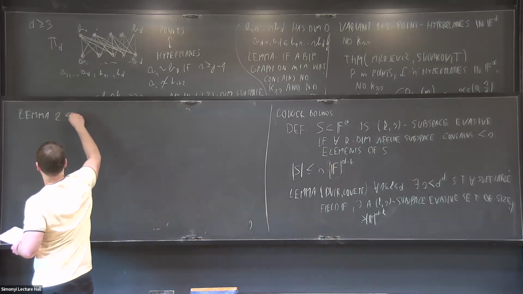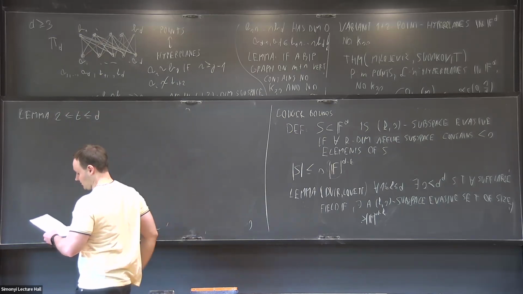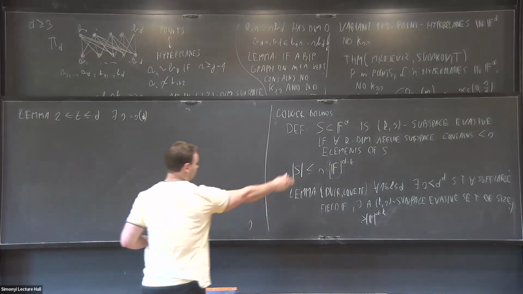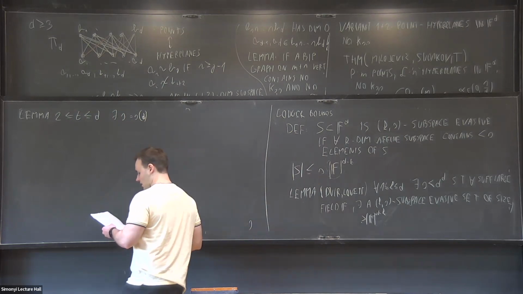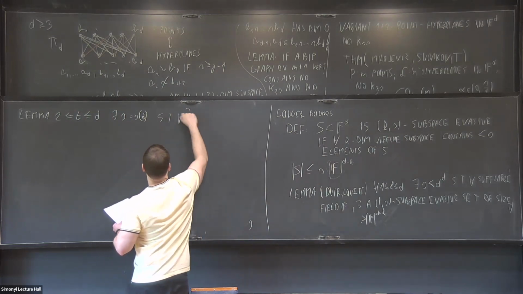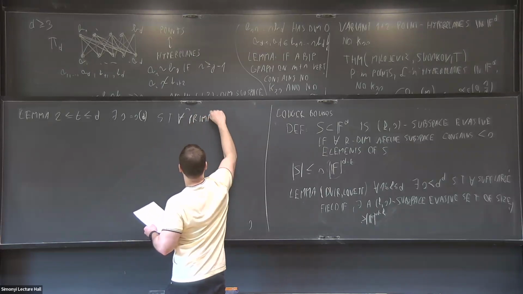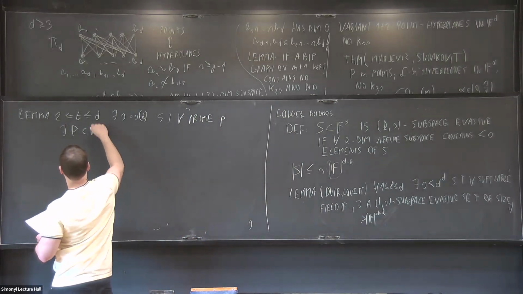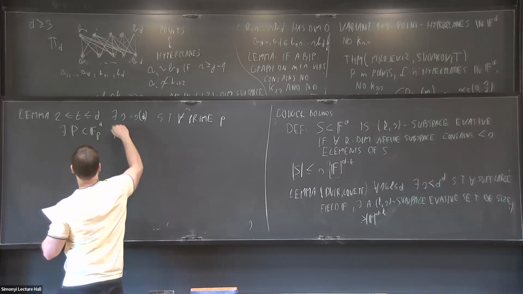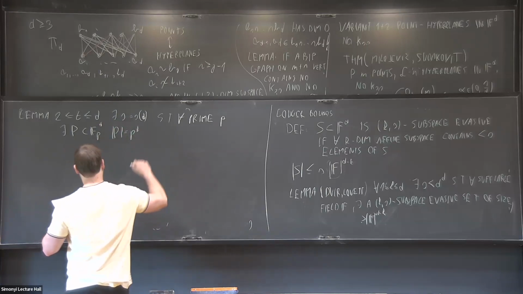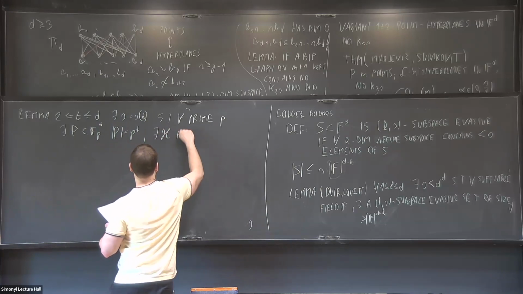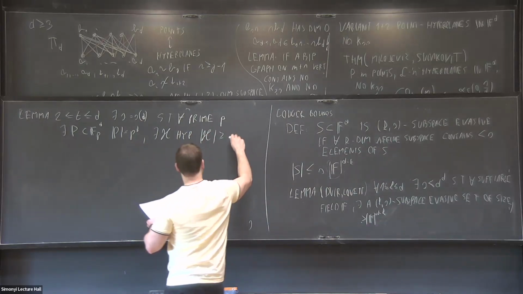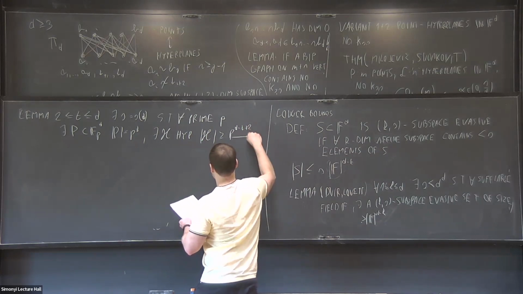What I prove is that if I have an integer t, which is between 2 and d, then there exists s, only depending on d, so this will be the same s at most d to the d, such that for every prime p, there exists a set P of points in F_p^d, where the size of P is p^t, and there exists a set H of hyperplanes where the size of H is at least p^(d-t+2) over s.